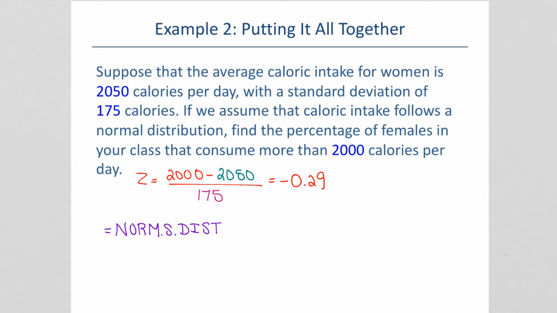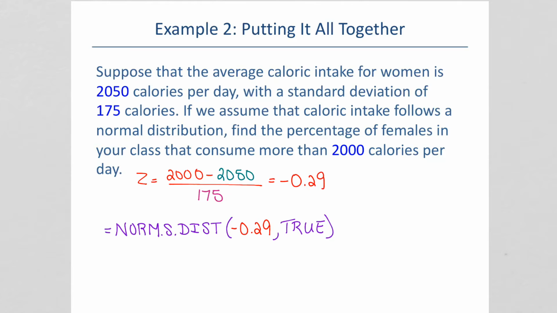Then you put in your z-score, in this case, negative 0.29. So anytime you need to find a percentile, you're going to use this right here. And then we type true, comma, true.